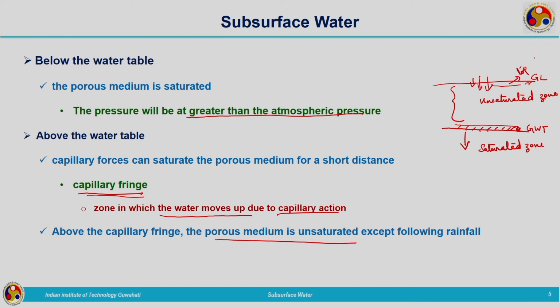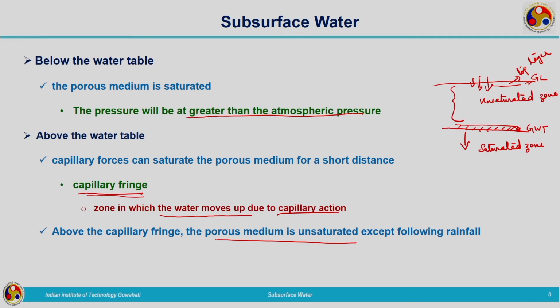This is a temporary phenomenon, top layer becoming saturated, and continuously the infiltration is taking place and the rainfall is continuing. So, the saturated layer thickness will be increasing. Once the rainfall is receding, that will become again unsaturated because losses will be taking place from that saturated region. So, this is the way in which we will be dividing the subsurface zone.